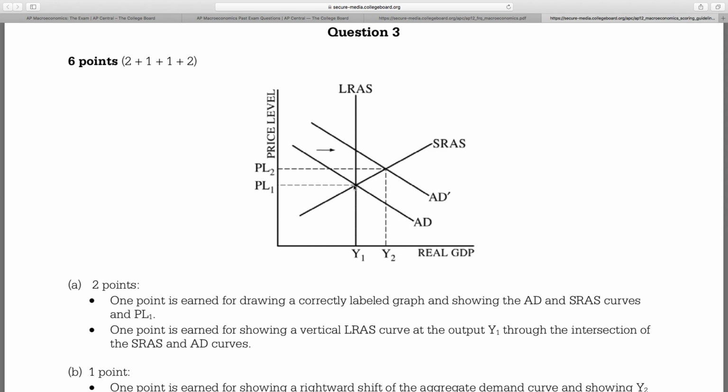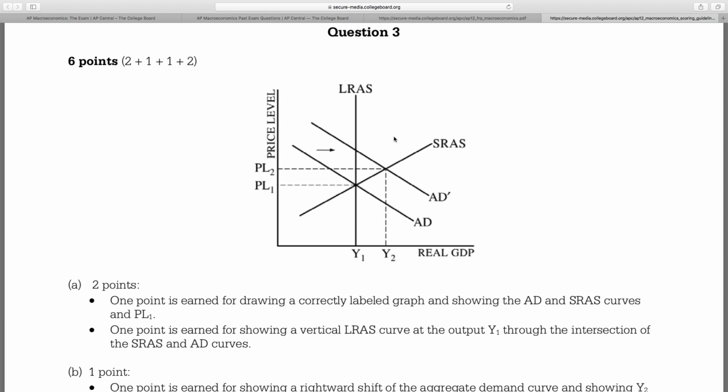So you're in the short run. Look, here's the long run. You're in the short run. Your wages here are $10. Your wages here are $10. But the price level, the price of everything else, has gone up in the economy. So your real wage has decreased.